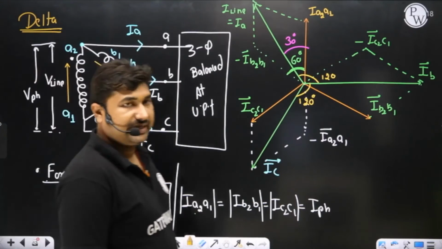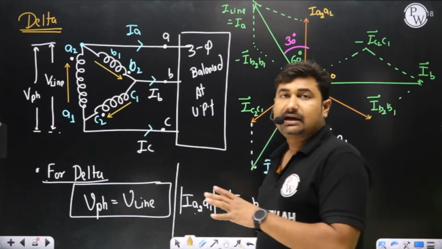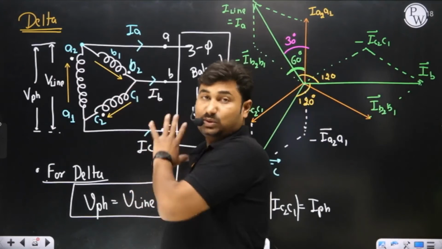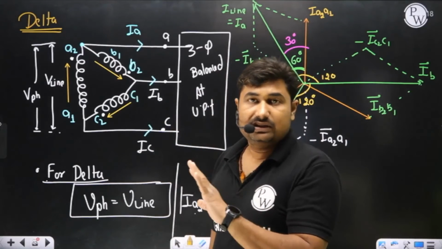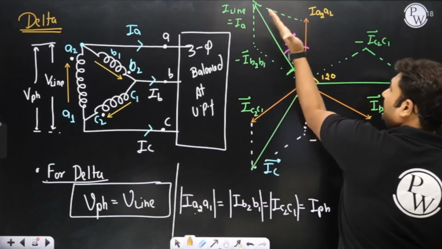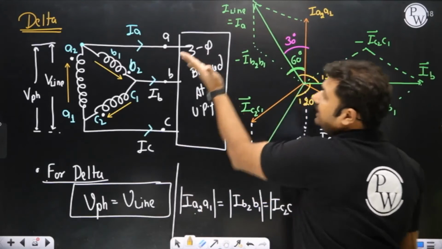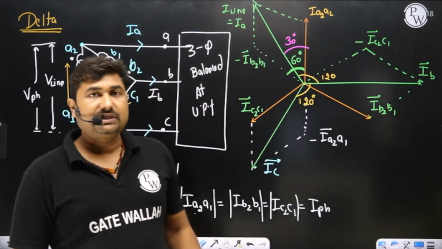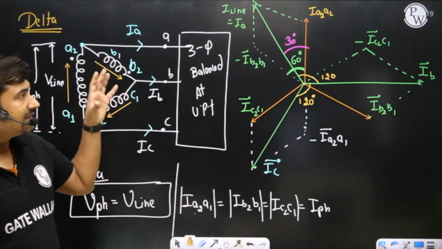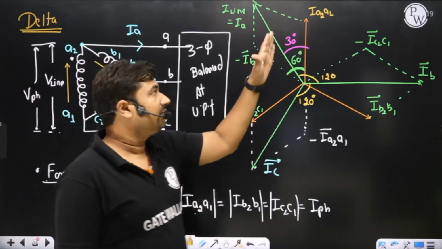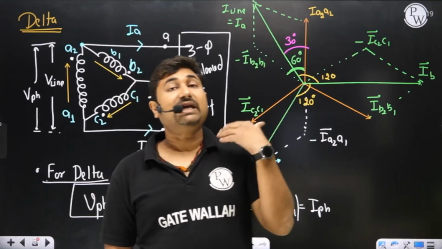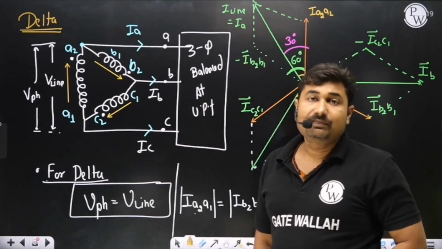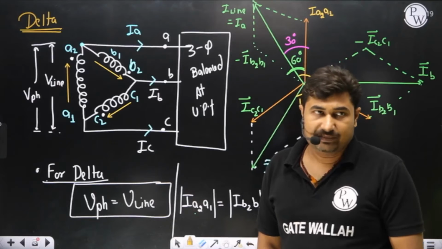I have considered delta as a source. When we treat delta as a source or delta as a load, they have a different line current. It may lag 30 degree or it may lead 30 degree. If you are using it as a source, we observe it is leading by 30 degree from the phase current. However, when it is acting as a load, it is going to lag by 30 degree from the phase current. Okay, yes sir.